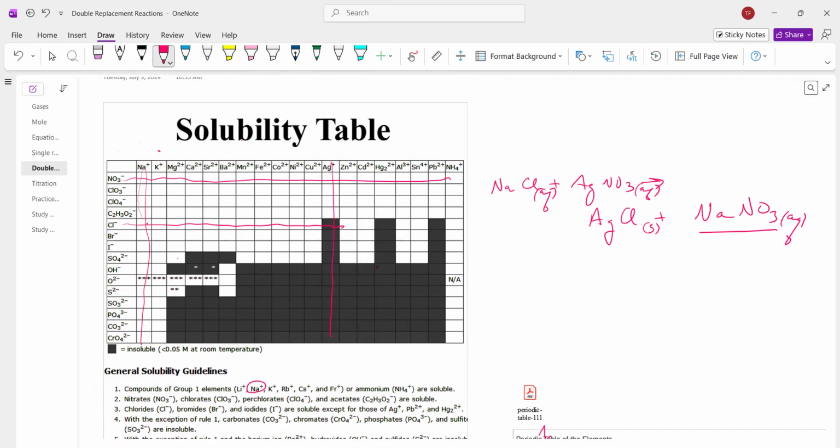Where the two merge together, it's black. Black means solid. If they come together and the merging is white, that means it stays in solution. So if the solution has no color, it'll stay colorless and clear. It's got to be clear though. A murky solution means there's a solid in there. That's what makes it murky.